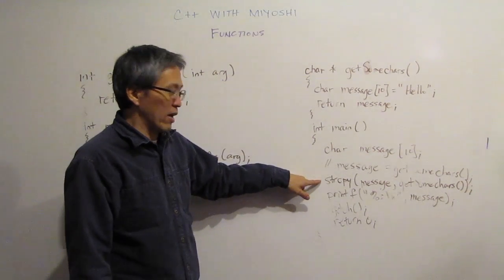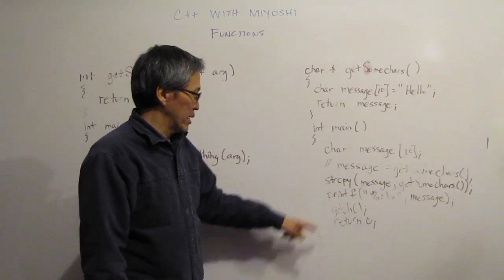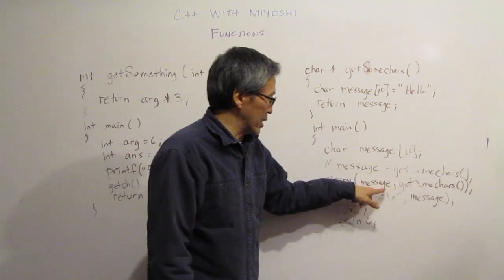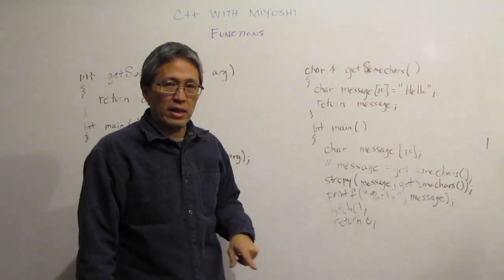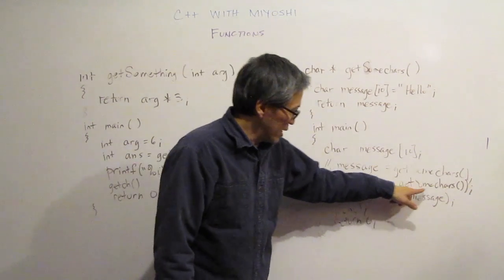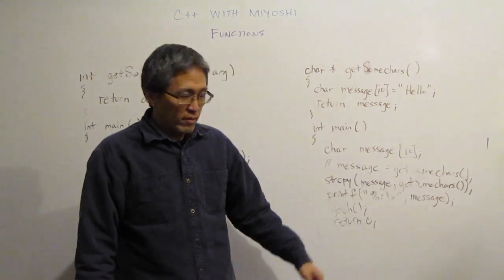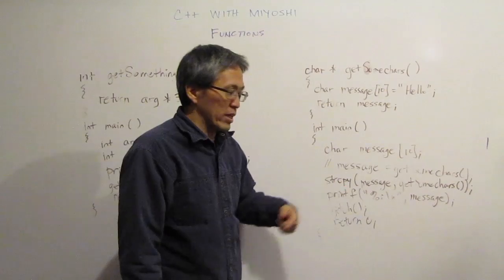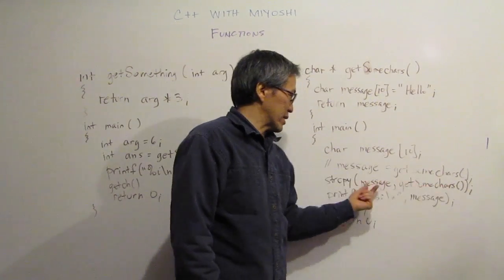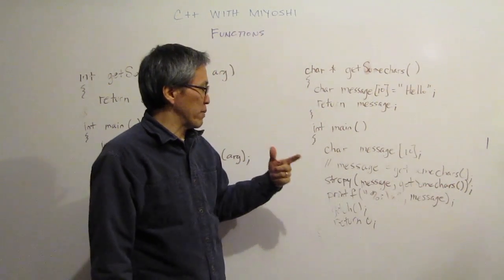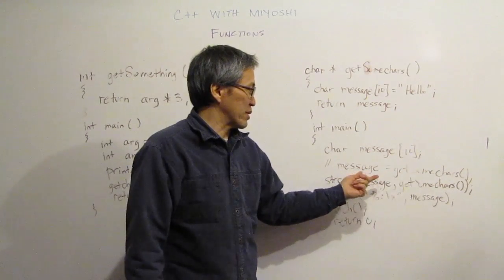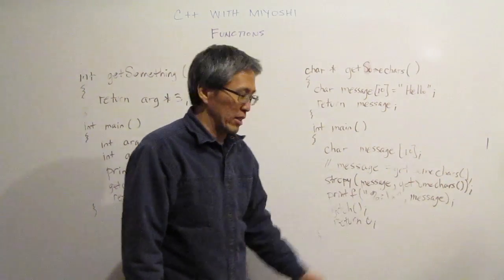So what I have to do is use the string copy function, which copies from the right side to the left side. In this particular case, I have message comma getSomeChars. With the string copy function, whatever's on the right side is going to go on the left side. The way you can remember that is that it's just like an assignment statement: what's on the right side is going to go on the left side.